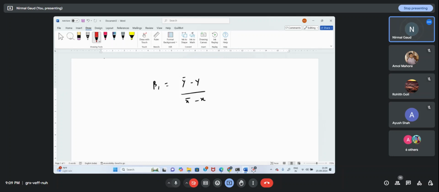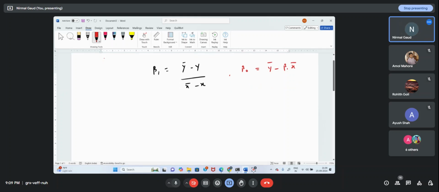Okay, and then if I want to calculate beta naught, because beta naught is y bar minus beta 1 x bar, so if I put the value of beta 1 here, it will be like beta naught is equal to y bar minus y into x bar upon x bar minus x. This is something I'm getting.